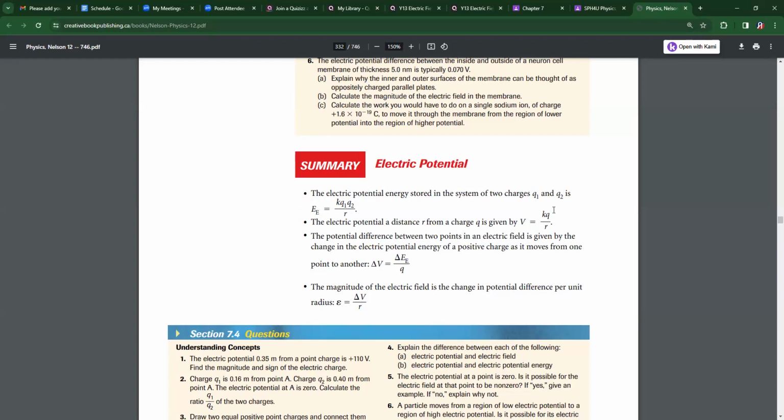So K multiplied by one charge divided by distance. So energy over charge gives you the formula for voltage. And the magnitude of electric field strength is basically the change of potential difference over distance or radius, how far it's located.